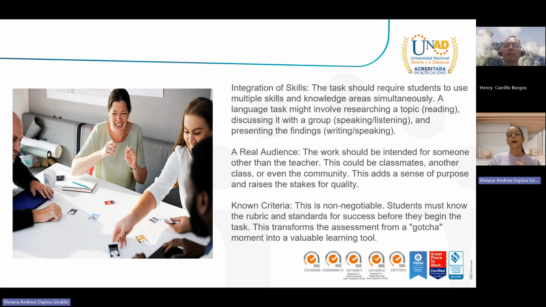We will make a higher stake, so the student will be able to perform and be more committed to his task and learning process. And finally, we need to always give a rubric or standards for our students before they start the task, so they know exactly what is expected of them.